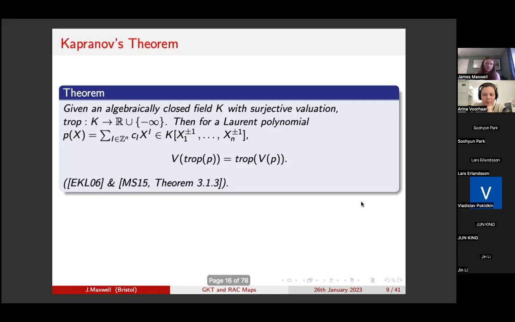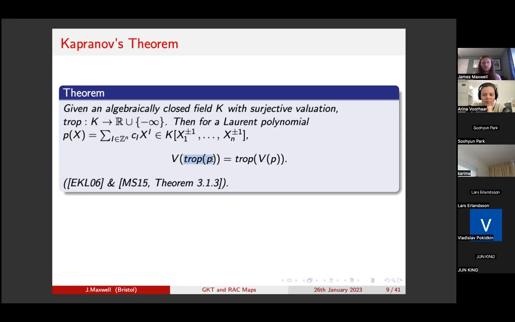Sometimes you might need to take the closure, but I'm omitting some precise details just to give you the general picture. You can take the tropicalization of a polynomial and then look at the tropical variety of this as a set, or you can take the variety of our polynomial classically, the solutions when it's equal to 0, and then tropicalize these points. Again, I feel like I've already made two errors in my slides, but this should be capital T for n-tuples. Apologies for that.